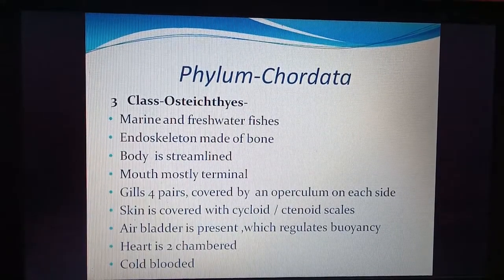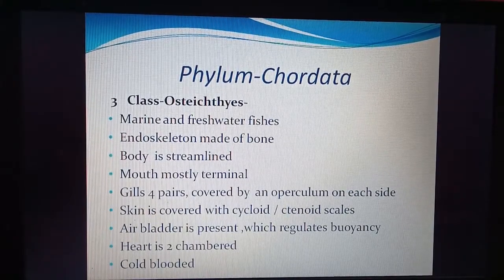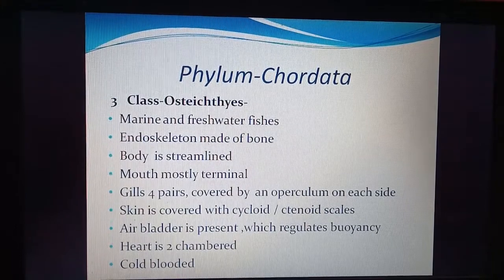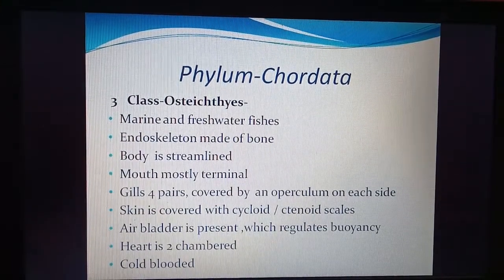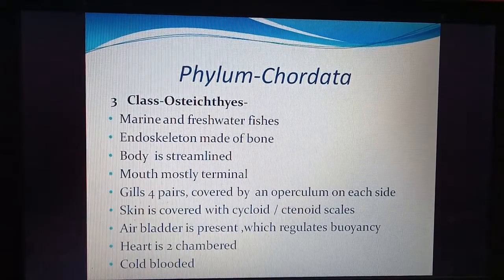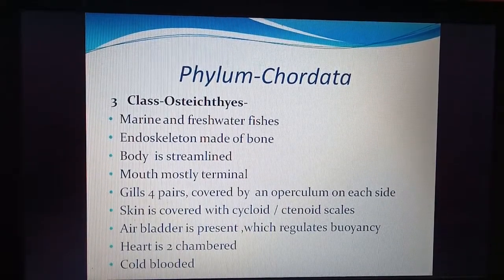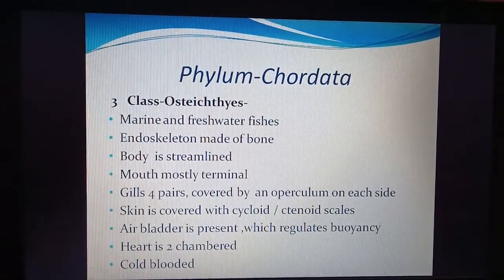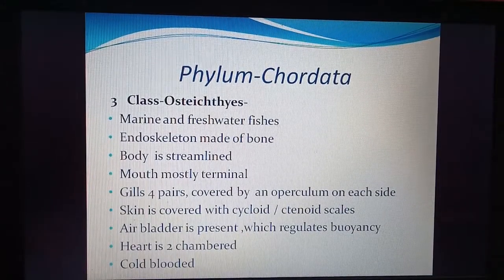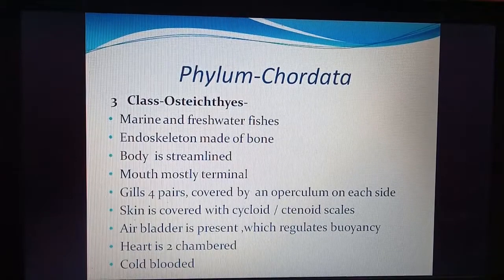Gills are mostly 4 pairs and they are covered by a gill cover, which is called operculum, on each side of the body. The skin is covered by cycloid or ctenoid scales. So they have large scales which are called cycloid. Cycloid means they have circular layers like concentric circles, and ctenoid means they have thorn-like structures covering the scales.